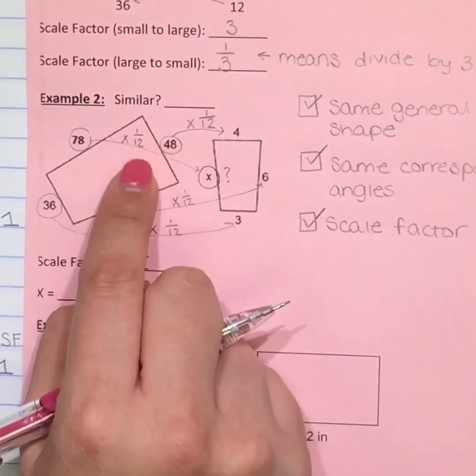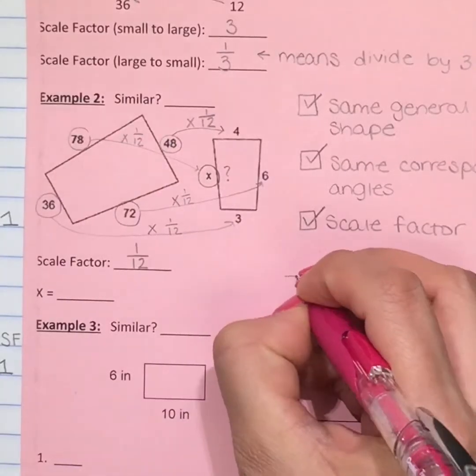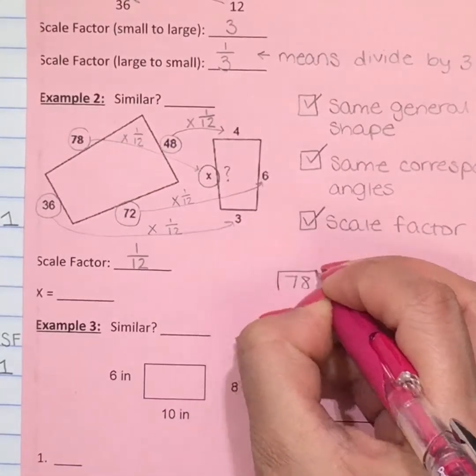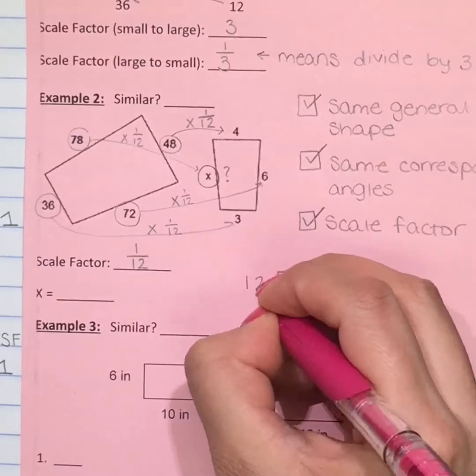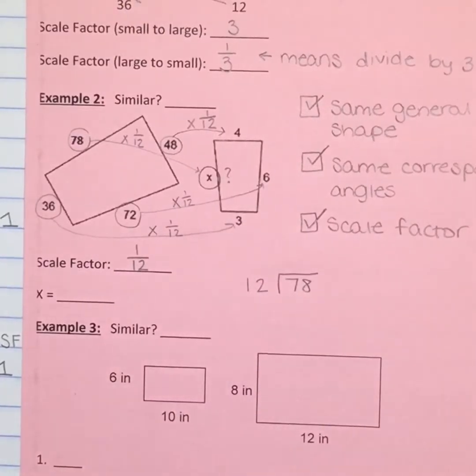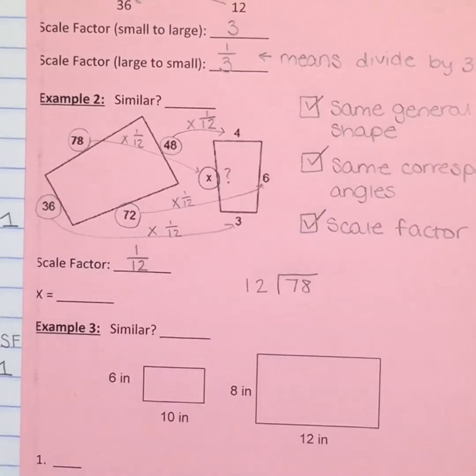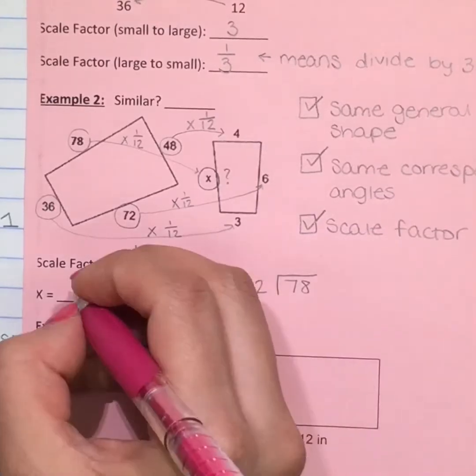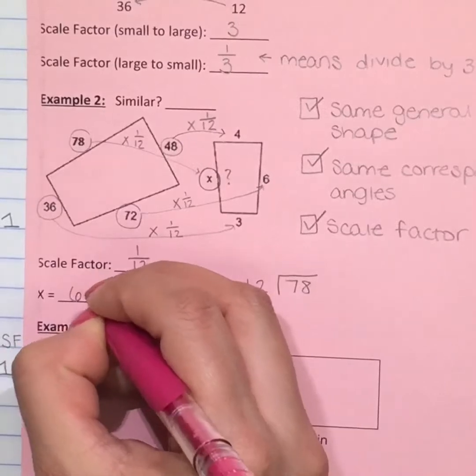Divide by 12. It means the same thing. So that's what you needed to do to figure out that missing length. Okay, and what did you get for your answer? Should have gotten a decimal. The correct answer should be 6.5.